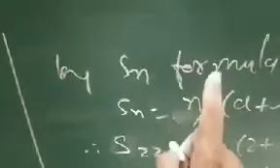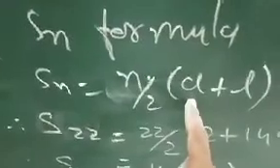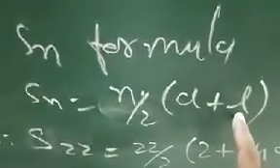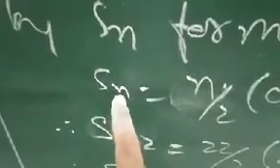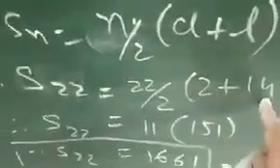It means Sn. So here by the Sn formula, Sn is equal to n upon 2 into bracket a plus l. Here we already found a, and that is 2, and l we have, the last term, it means 22nd term, and n also we have. So we find the sum of 22 terms. S22 is equal to 22 upon 2 into bracket 2 plus 149.